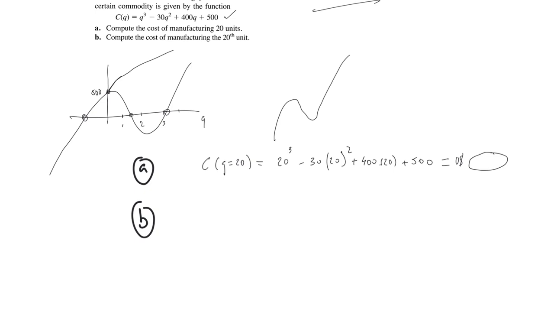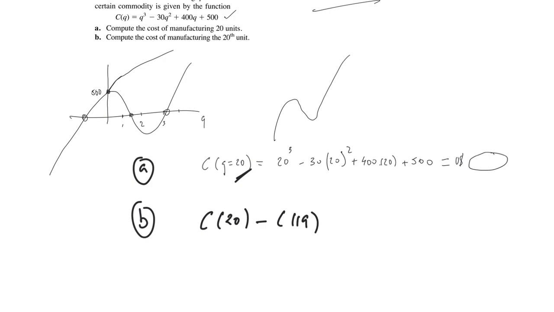The total cost of producing the 20 units is this one, but what is the cost of producing the last unit? The cost of producing the last unit is the cost of producing 20 units minus the cost of producing 19 units.